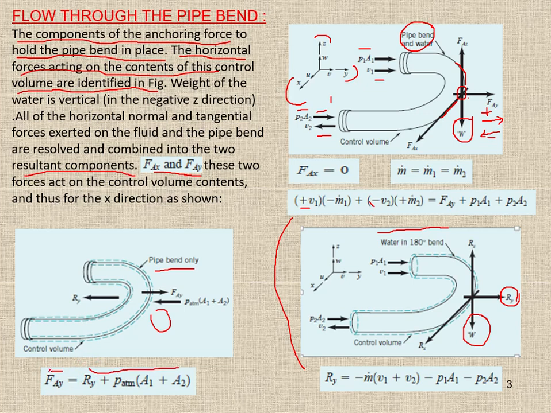This FAy gives you the magnitude of the anchoring force that we have to take care of. This is the force we have calculated exerted by the fluid, and this is the force given by the atmospheric pressure. So this is how we calculate the force exerted by the fluid, or the anchoring force to hold the pipe.